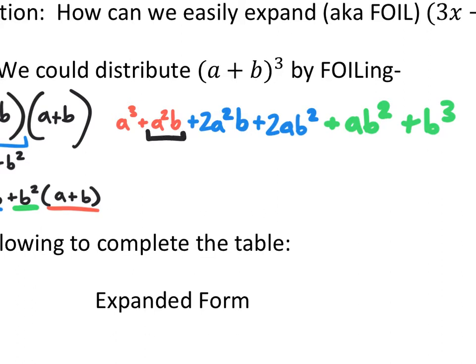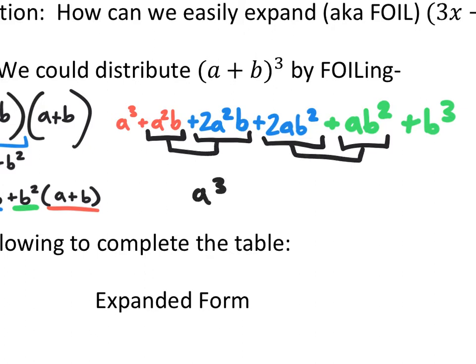Now within this, there are some like terms. We have an a squared b here. Here's another a squared b. And then we have ab squared and an ab squared. So when we put these two together and these two together, we're left with a cubed plus 3a squared b plus 3ab squared plus b cubed.